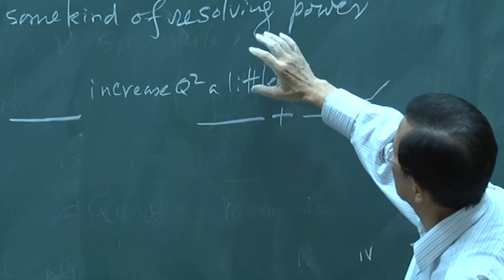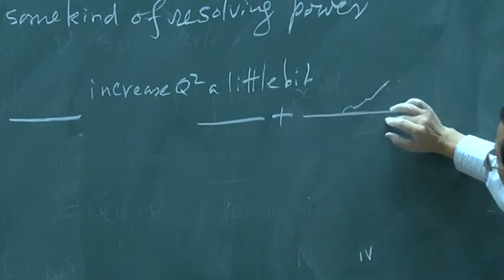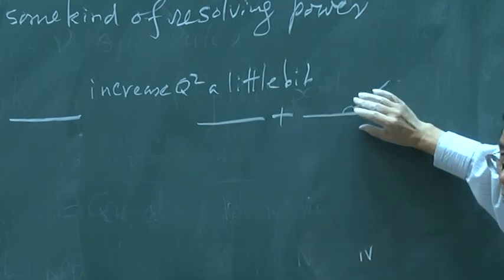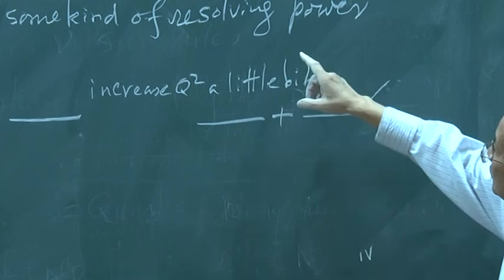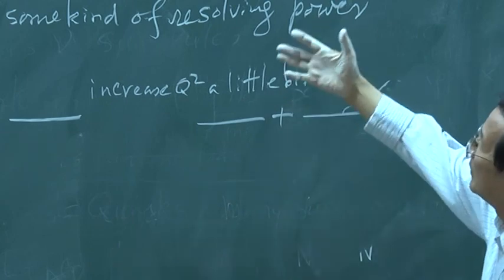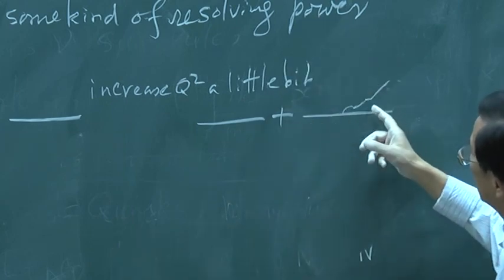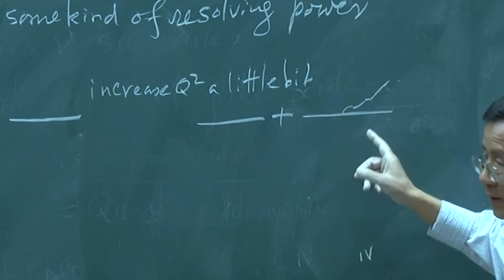Because when q squared is not big enough, this and that just become one object, just like this. But if q squared is bigger, you can resolve these things. Then there will be something like this, okay?